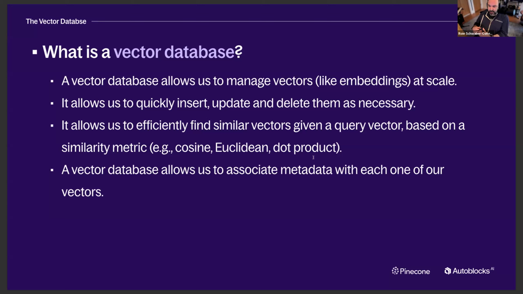So I can come in with an image of a cat and expect to get back images of cats if that's my query vector. The last thing I would say about vector databases, which sets them apart from, say, vector indices, is that they allow us to associate metadata with each one of our vectors and to make queries against that metadata as well, and not just the vector itself. All right, let's move on.